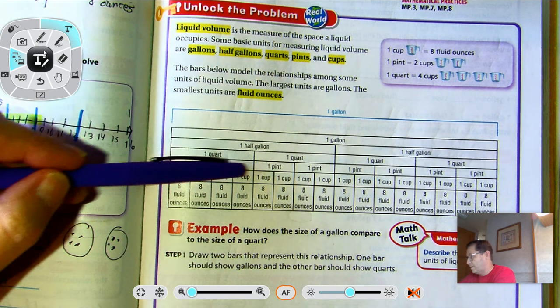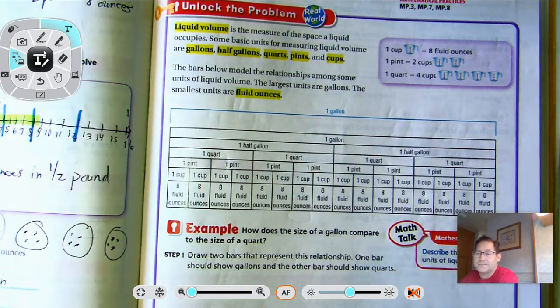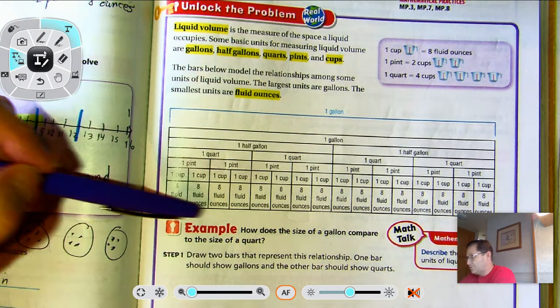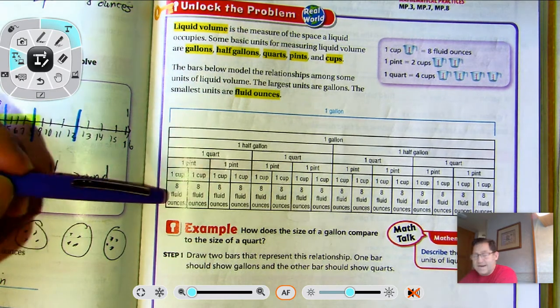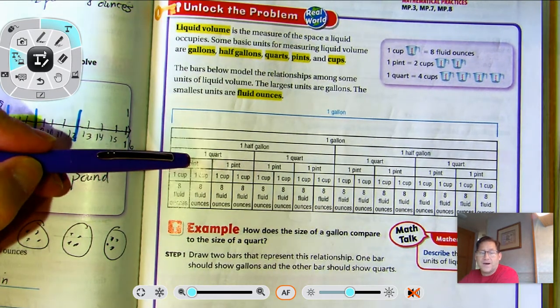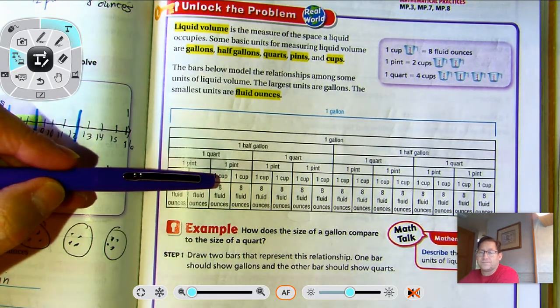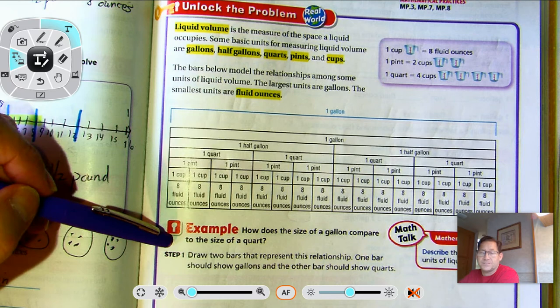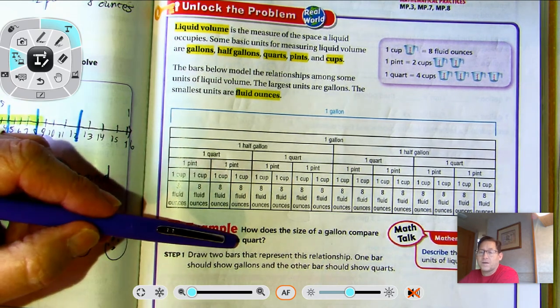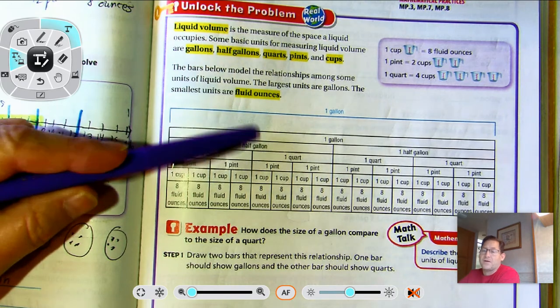So 4, 8, 12, 16 cups. And then there's 8 fluid ounces per cup, 16 ounces per pint, 32 ounces per quart. So 32 times 4 would be 128 ounces per gallon.